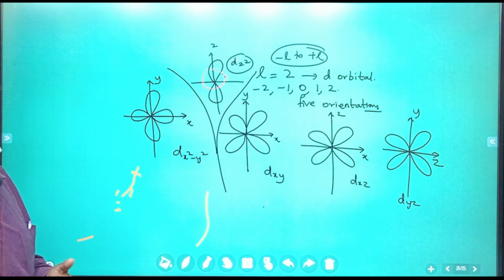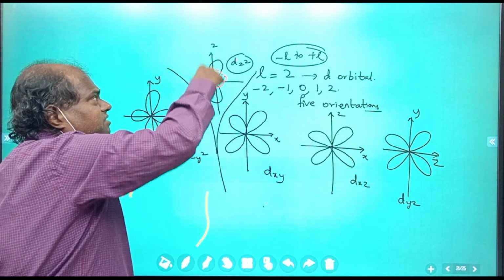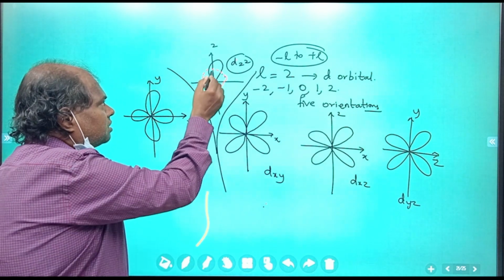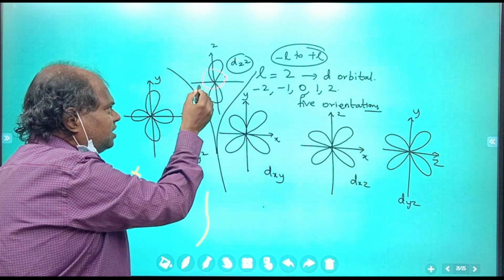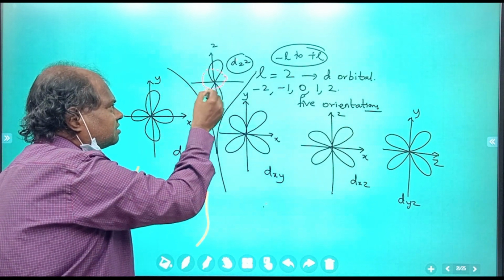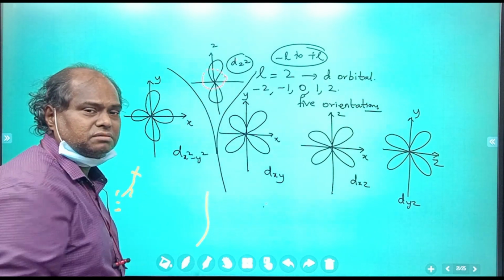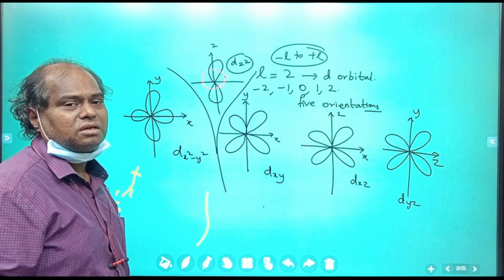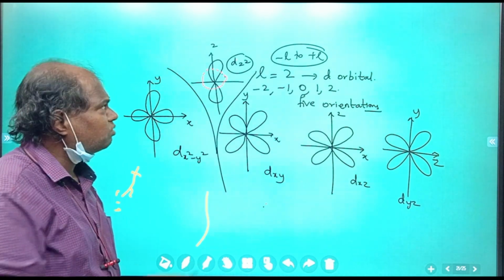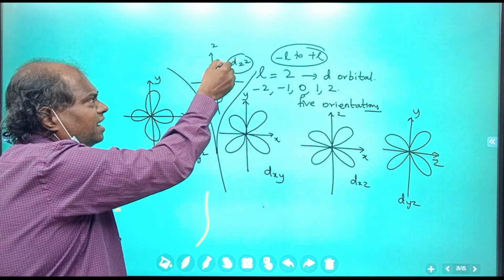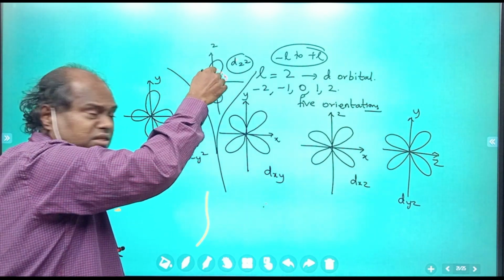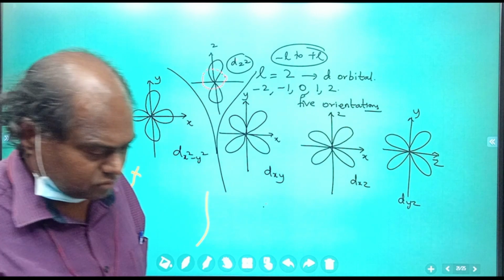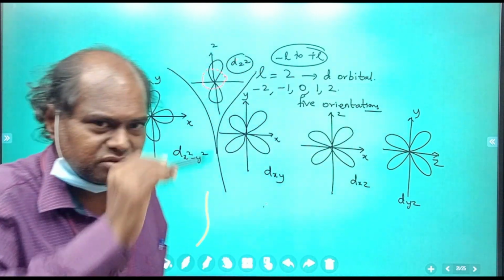What is the interesting thing about this? Along the z-axis you have got the lobes, right? Plus, you have got electrons surrounding the z-axis also, surrounding that lobe. Can you see that? Surrounding that lobe. You can see electrons along the z-axis and also along the xy plane, surrounding the z-axis.